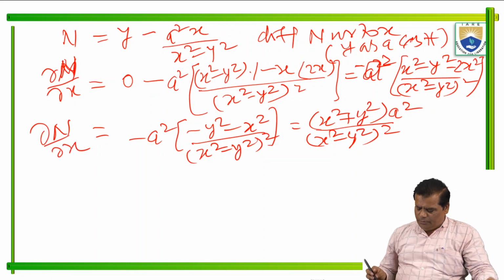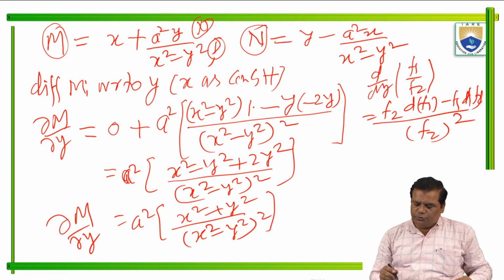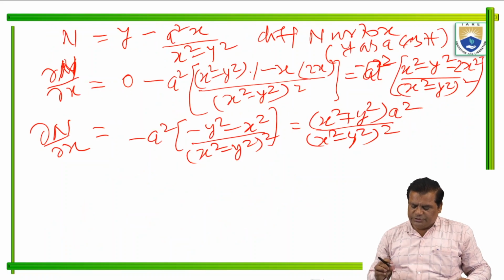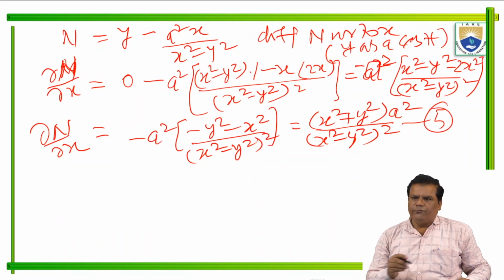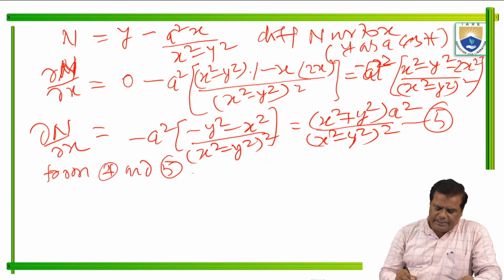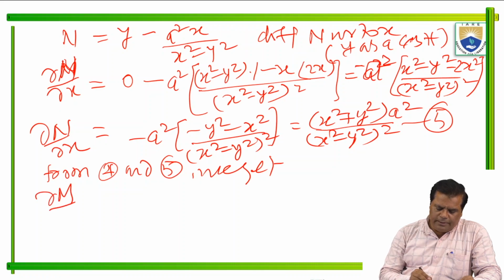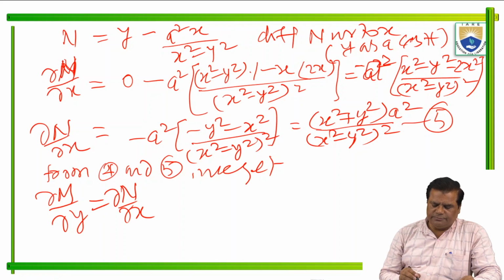Now this is equation number 4 and this is equation number 5. From 4 and 5 we get del M over del y equal to del N over del x.